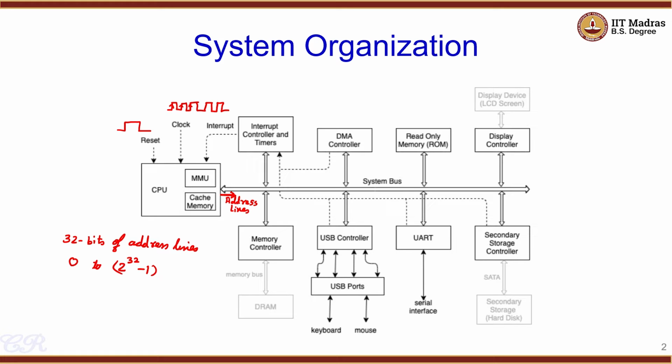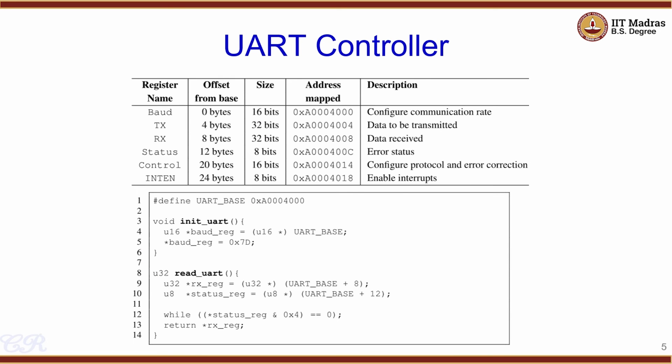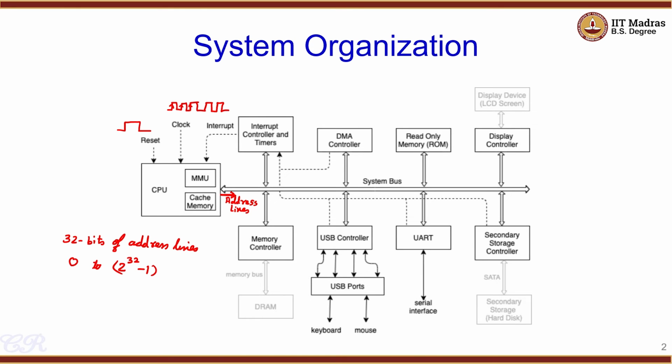So let's see how these addresses are essentially useful. What we have here is some set of registers which are present in the UART controller. Now, if I go back to this slide, what it means is that within this particular UART, there is a set of registers which are defined very specifically for this UART module, right?